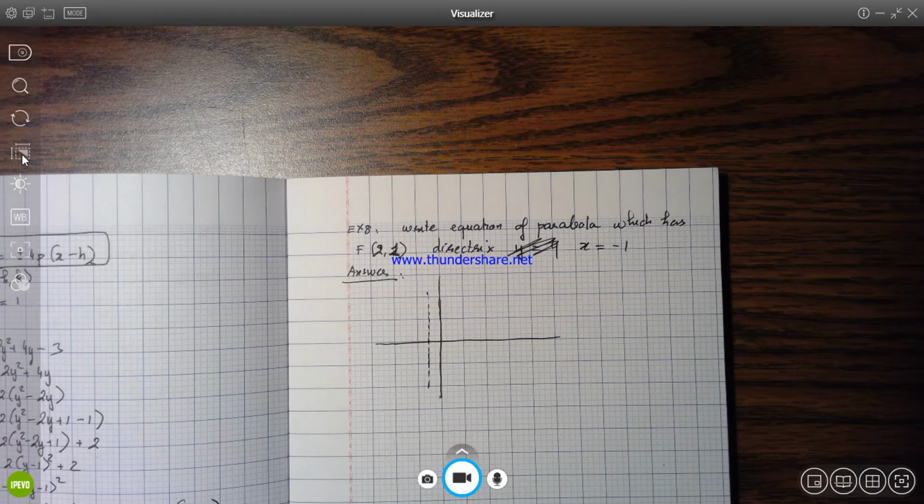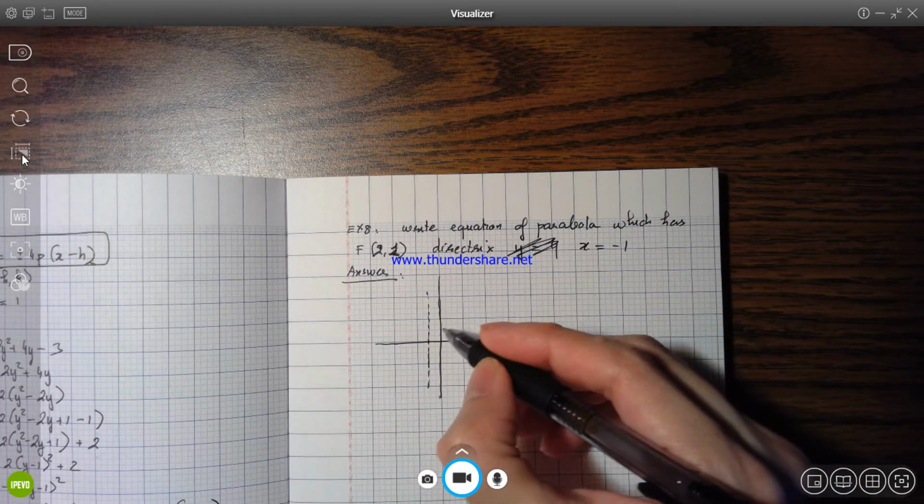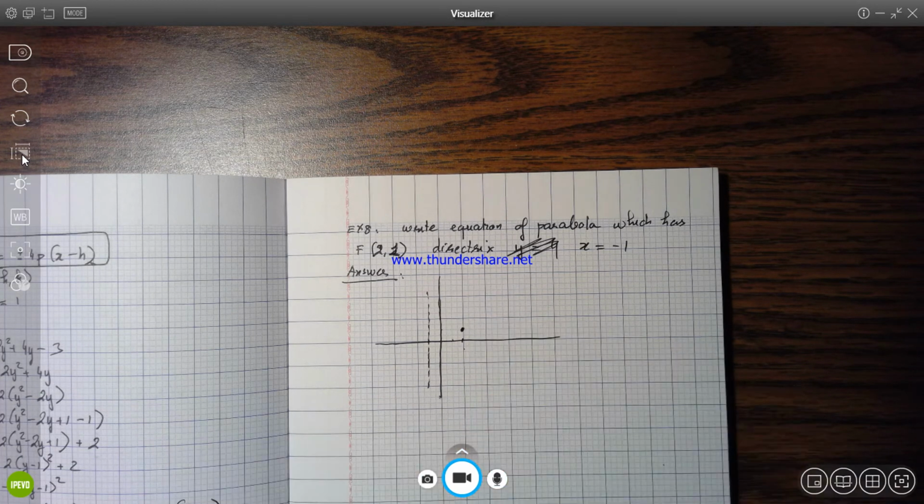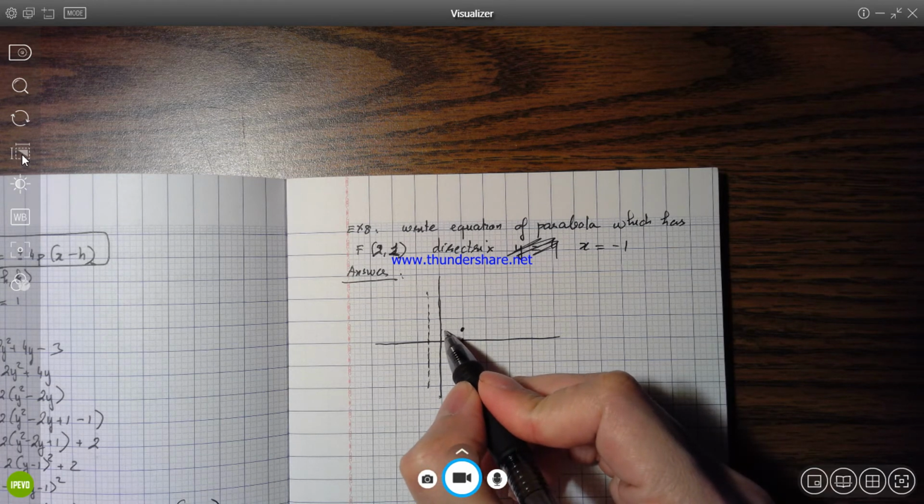F is at (2, 1). And the vertex is always between the directrix and the focus. It means the vertex must be somewhere right here.